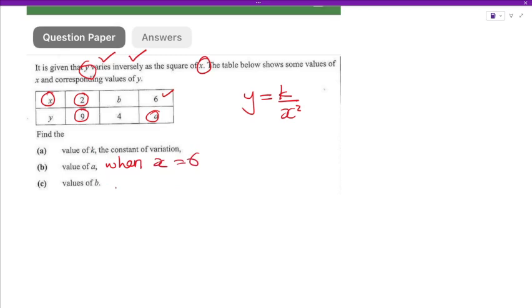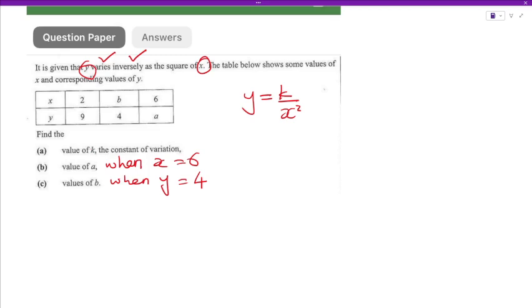Find the value of b when, where is b? B is sitting right there, when y, corresponding to that value, is equal to 4. That is all the information in the table means.